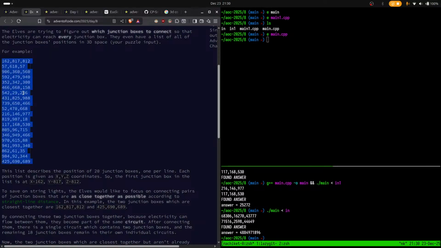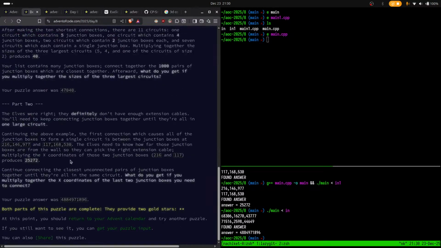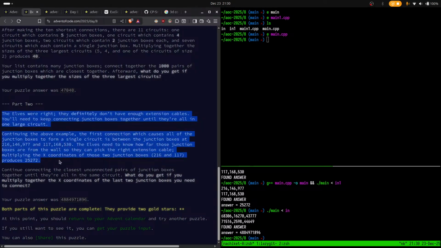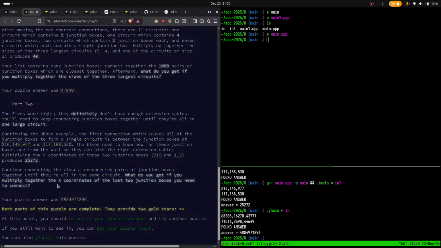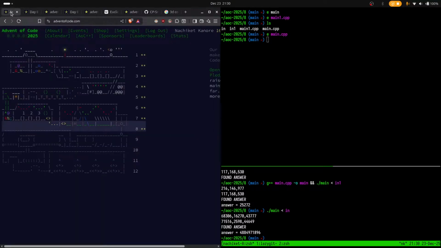Let's say these two were the shortest, then they became one group, and the rest 19 are in their individual groups, and you need to do this continuously until all of them form a single group. And the answer expects the last coordinate after merging which the group was a single unit. So these are the kind of problems.